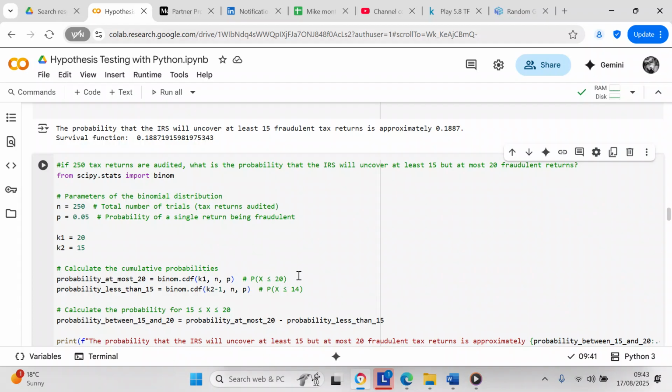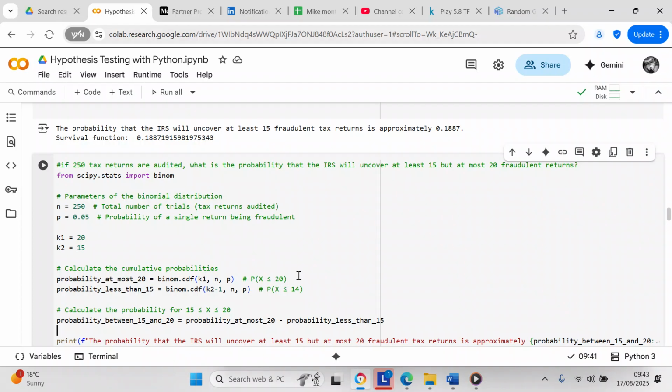So we're going to calculate the cumulative probabilities. Probability at most 20 equals binom.cdf, K1 equals 20, comma, N equals 250, comma, P equals 0.05. And then the probability of less than 15 equals binom.cdf, K2 minus 1 equals 14, comma, N equals 250, comma, P equals 0.05.